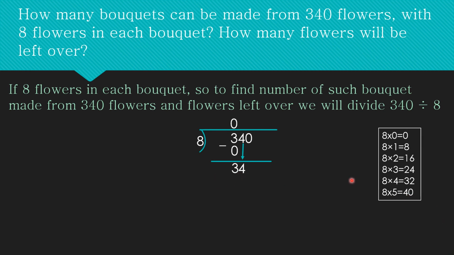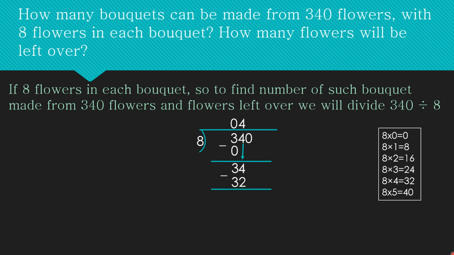So we will take 8 4s are 32. We will divide 4 times 8. So we will write 4 on the top and 32 below 34. Now we will subtract 34 minus 32. 34 minus 32, we will get the answer 2.